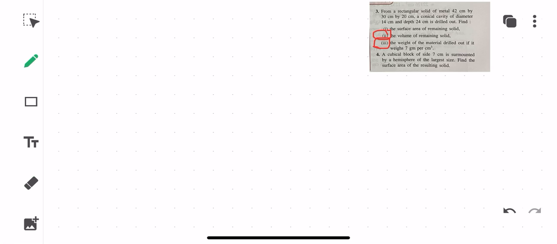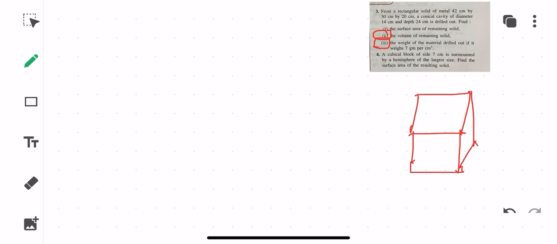So you have to first see what the figure is. A cubical block of side 7 centimeter. Cubical means it's a cube, all the sides equal. So this is a cubical box, surmounted by a hemisphere of the largest size.